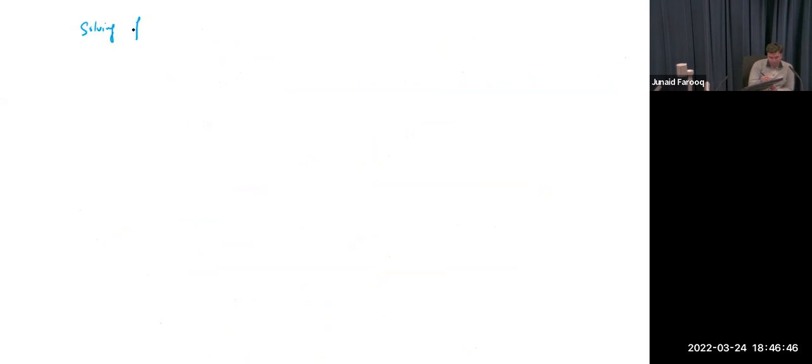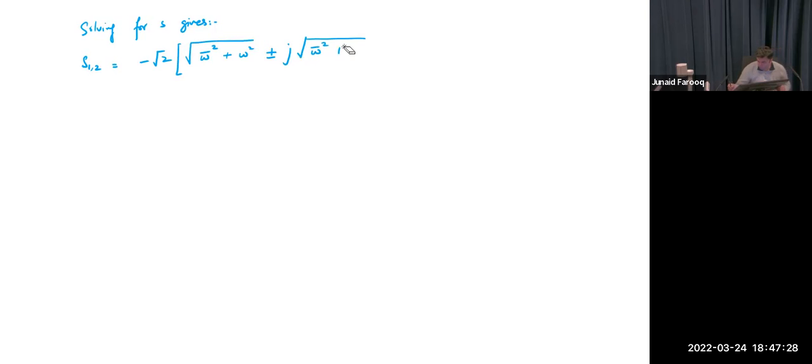So solving for s, you will get s1,2 is minus square root of 2 omega bar squared plus omega squared, half, or instead of half, I can just say a square root, plus minus j square root of omega bar squared minus omega squared.